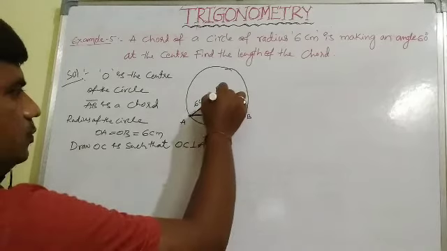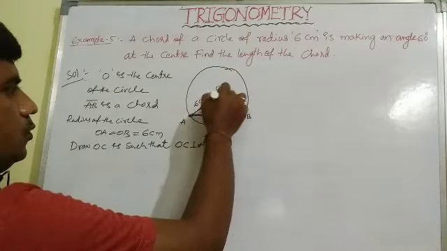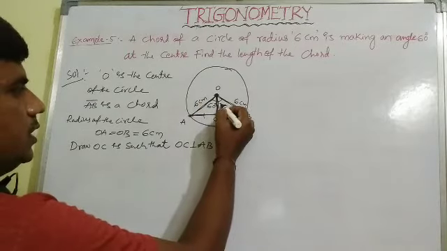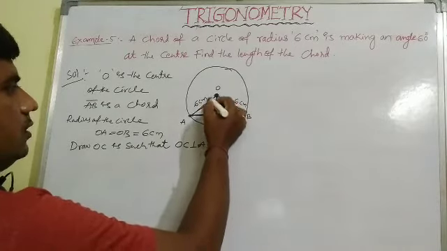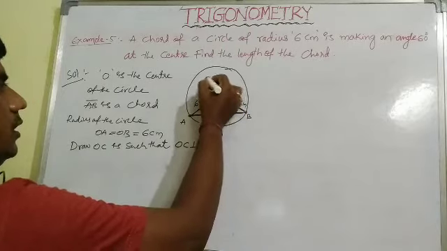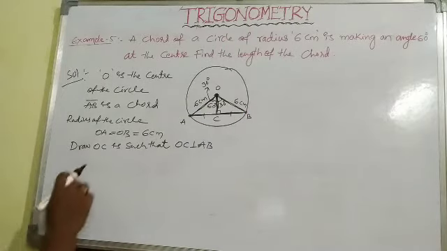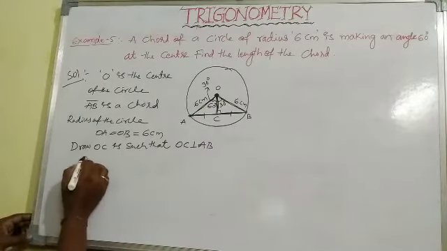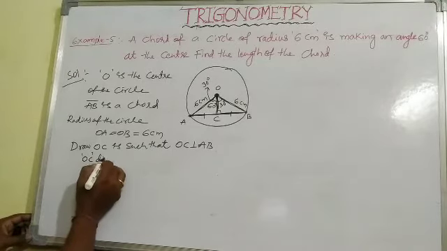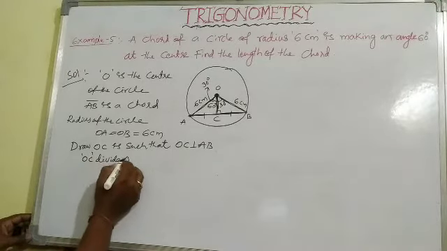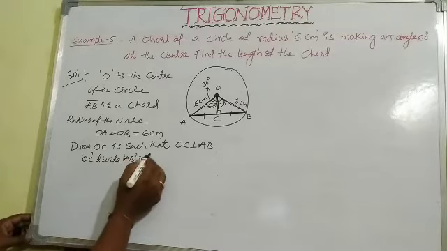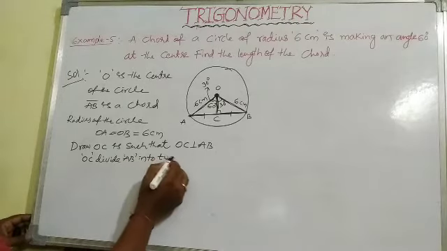Next, again this perpendicular line divides this angle into 2 equal parts. So this side angle is 30 degrees and this side angle is also 30 degrees. So here OC divides AB into 2 equal parts.